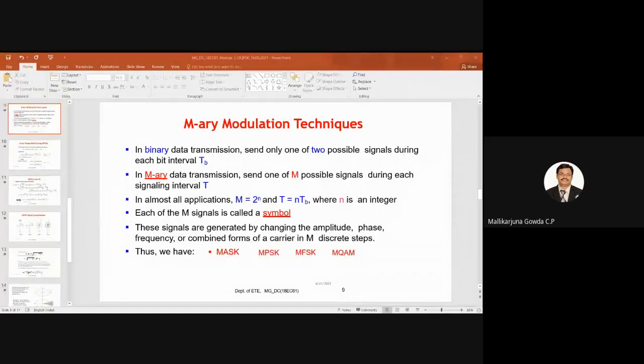Ashwini. Present, sir. Yeah, can you just tell your understanding about M-ary PSK, Ashwini? Whatever you have understood so far. Sir, it's in data transmission, sir.